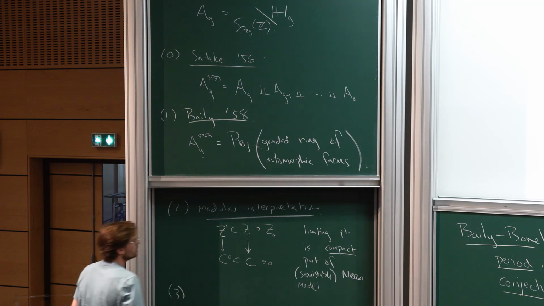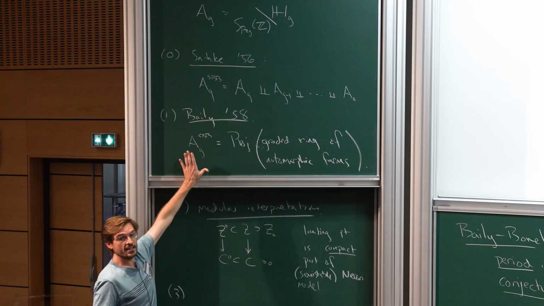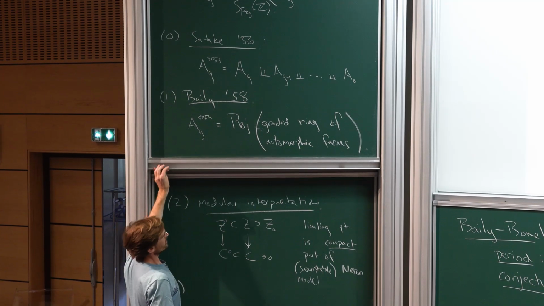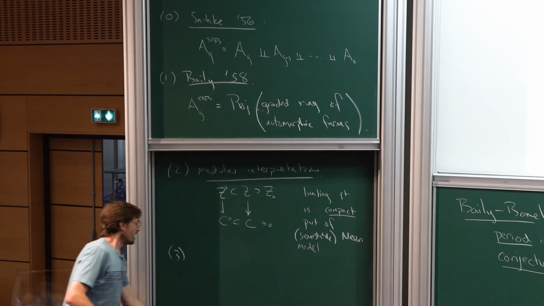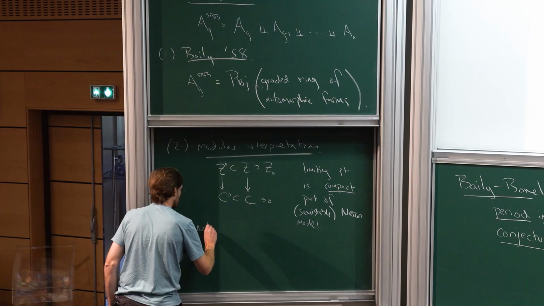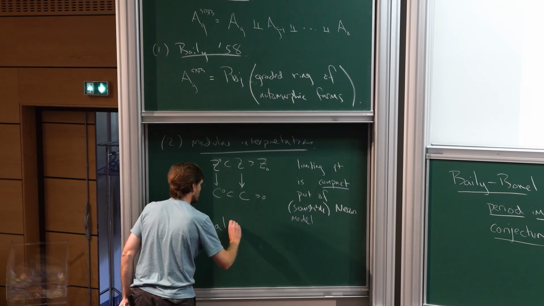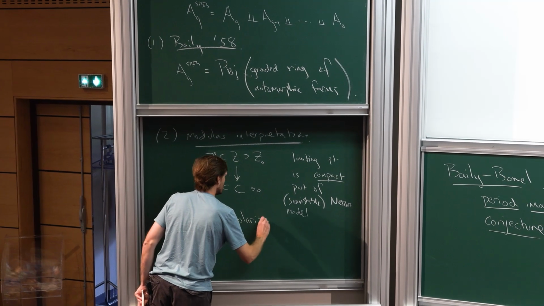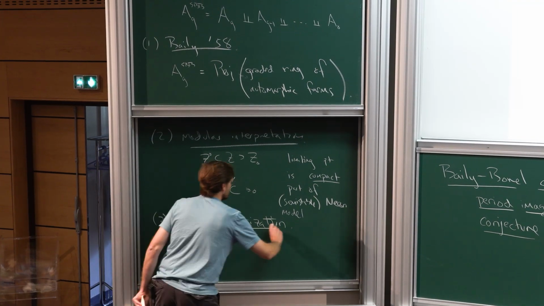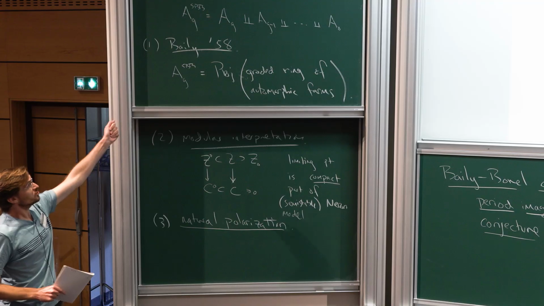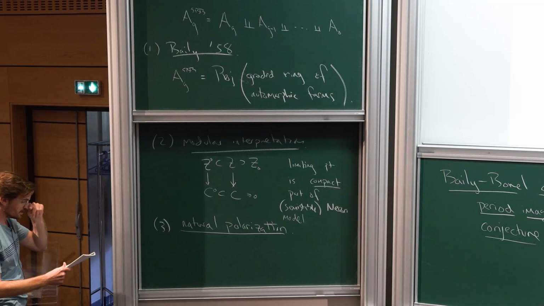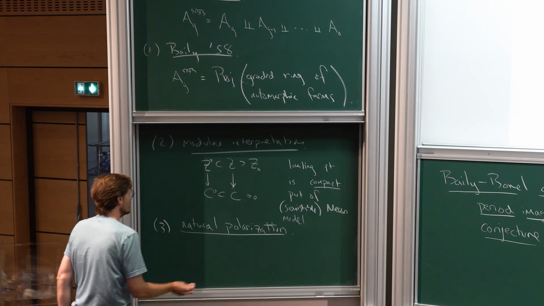Third, we already see that here, but there's a natural polarization on this compactification. Obviously by construction, it's the line bundle whose sections are interpreted as automorphic forms, but we can describe it a little more geometrically.